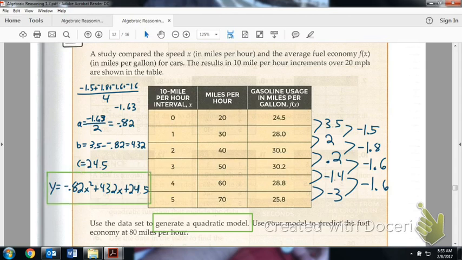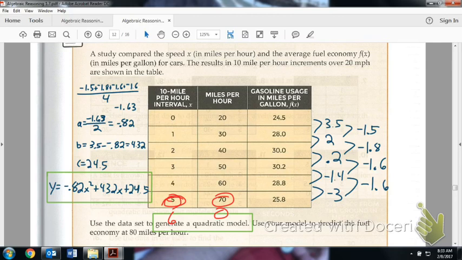But it also says, hey, predict the fuel economy at 80 miles per hour. So we're not just going to shove an 80 into this, because 80 is not my X value. My X value is these guys over here. So at 70, we use 5. So at 80, we're going to use a 6. So plug 6 in for X and solve.